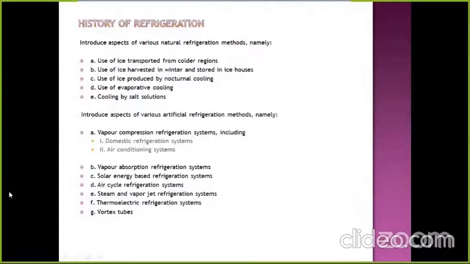This is a fast process in comparison to natural refrigeration, but it is not that eco-friendly, because we are using different chemicals or refrigerants. The natural refrigeration methods include use of ice transported from colder regions, and use of ice harvested in winter and stored in ice houses.